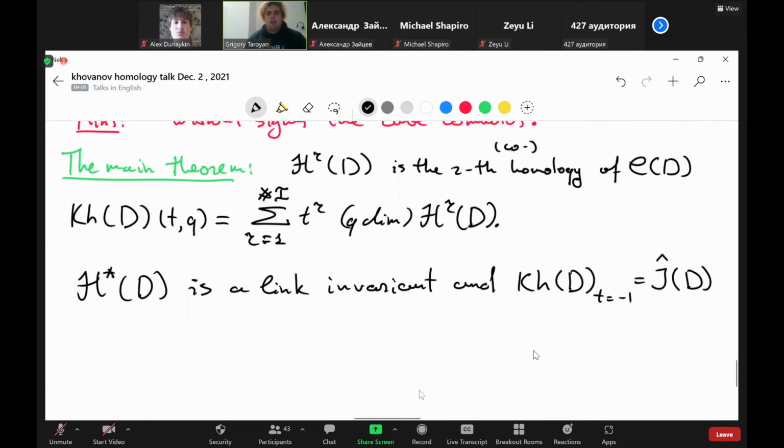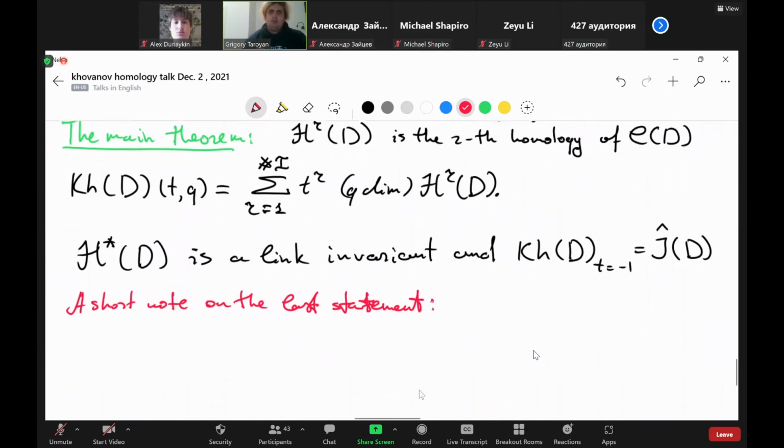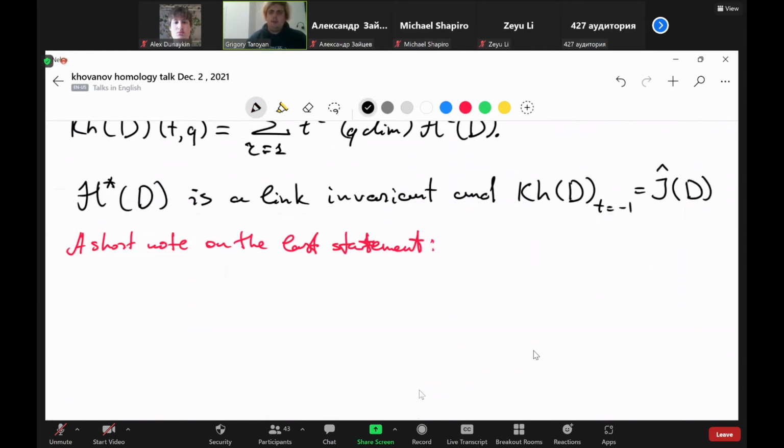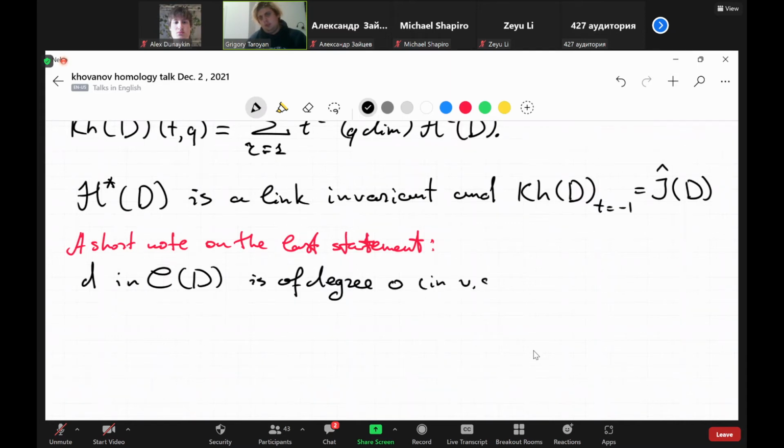Because we just constructed a complex with differential of degree 0. So yeah, a short note on the last statement. It is straightforward to verify this fact because d in C of D is of degree 0 in the vector space direction.